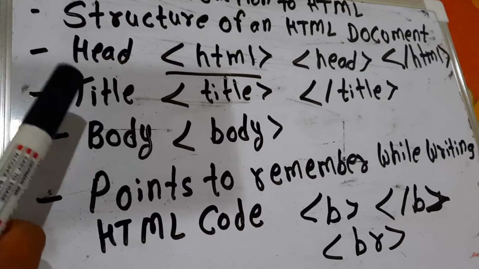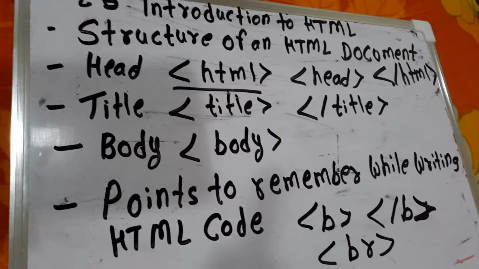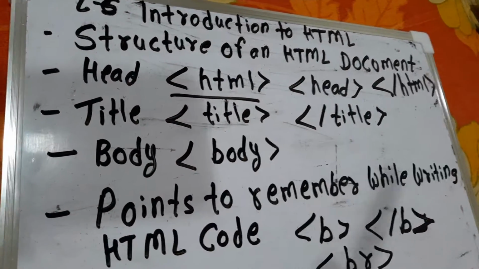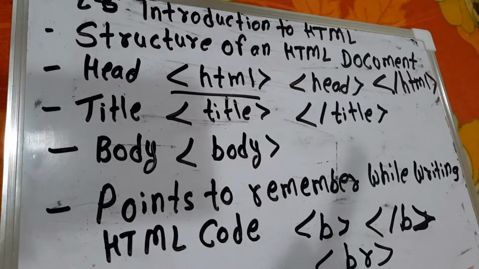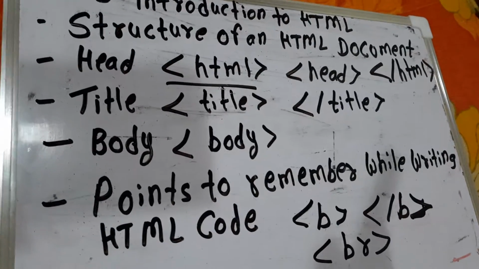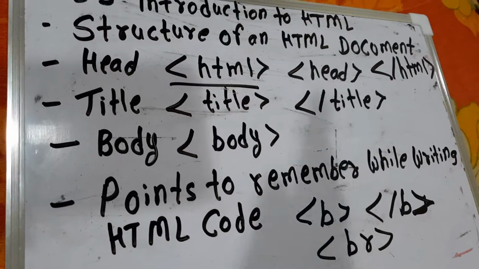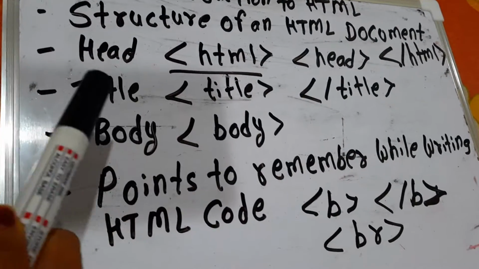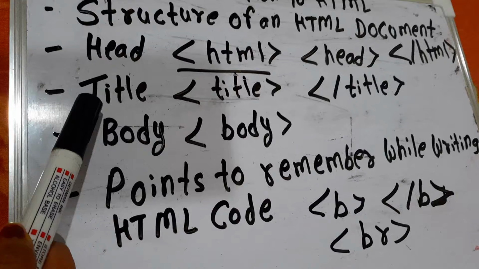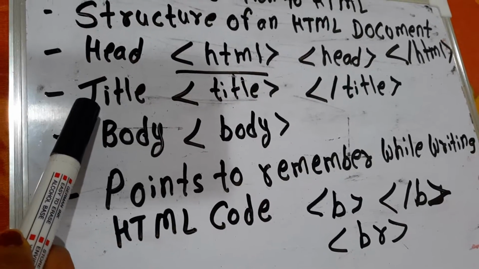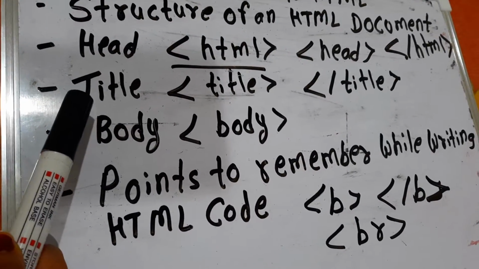It will show the title of what you are creating your web page for. If you are giving some information about your country, whatever you are giving, the title will show it. You will tell information about my Afghanistan.